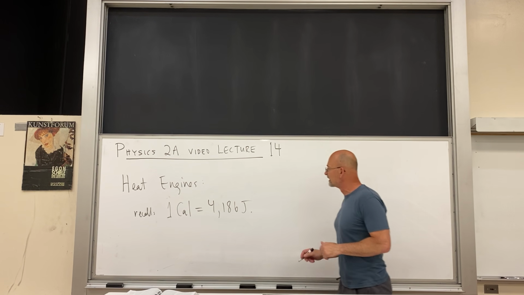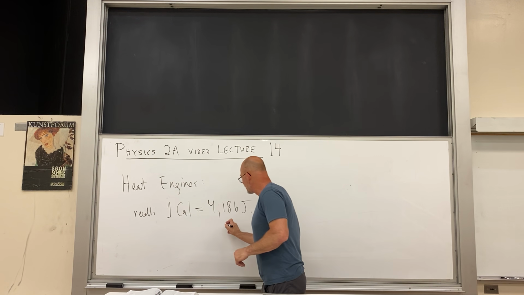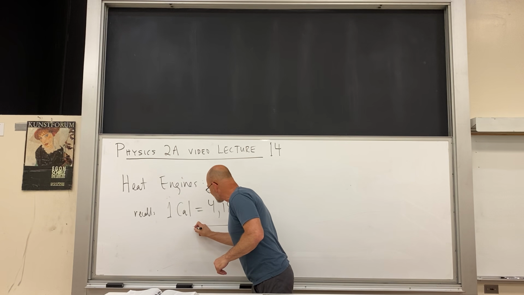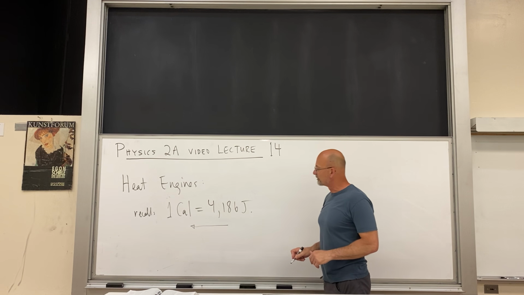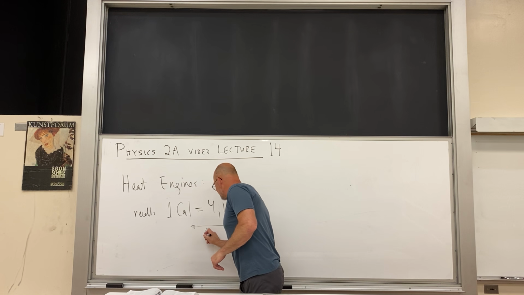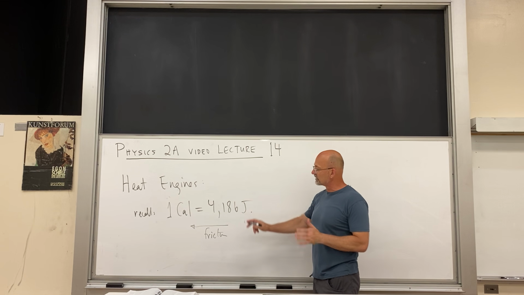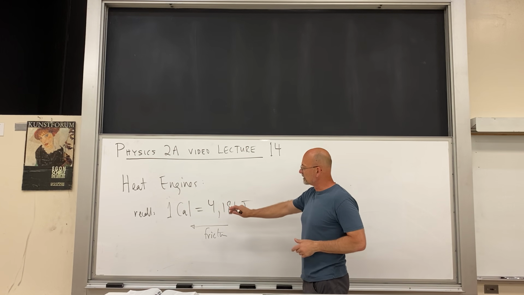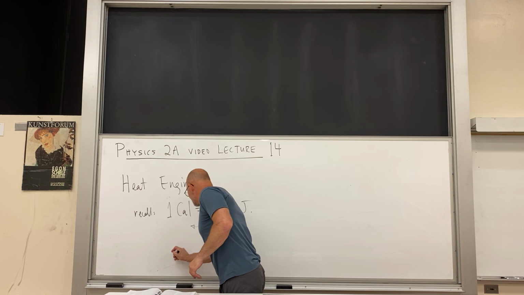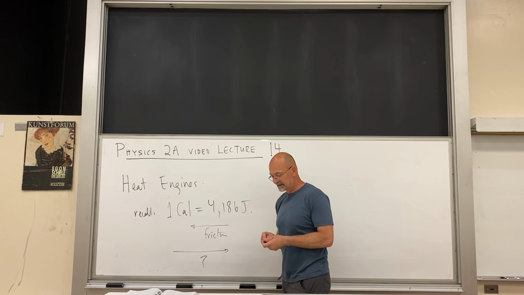So that was the whole reason for it. I could also remind us that we know that we can do work and get thermal energy with friction. So I like to write it this way. Friction turns work into thermal energy, but what we want is this direction here.